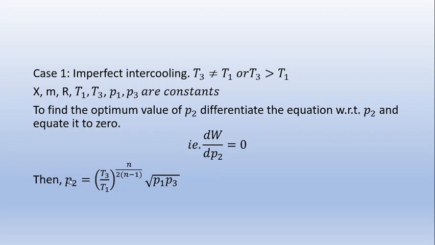Okay, this is the value of P2. P2 is the intermediate pressure, that is the outlet pressure of the low pressure cylinder or inlet pressure of the high pressure cylinder. In the intercooler the pressure remains constant, so P2 before intercooling and after intercooling will be the same.